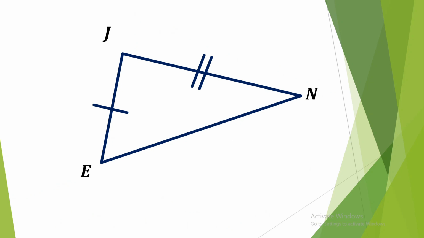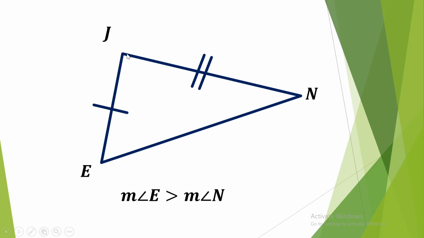Next, we have this one. We have triangle JEN. Segment JE has one tick mark and segment JN has two tick marks. That means those two segments are not congruent. And the measure of segment JN is greater than the measure of segment JE. Now, based on the given, we can say that the measure of angle E is greater than the measure of angle N. Angle E is the opposite angle of segment JN, and angle N is the opposite angle of segment JE.